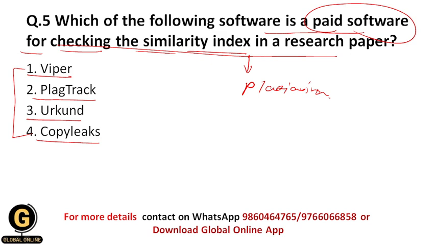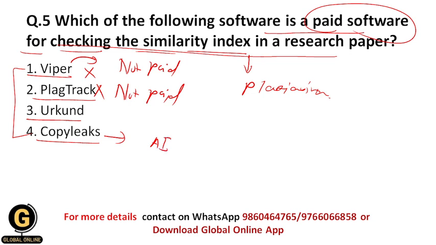So if you see all of these options, as we have seen earlier, Viper is a plagiarism detection software and it is not paid software. It is free of cost. So this option is getting eliminated. Plag Track is again a plagiarism detection software and it is also not paid. It is free of cost. So this is eliminated. And Copyleaks is also a plagiarism detection software and it is nothing but an AI based plagiarism detection tool.